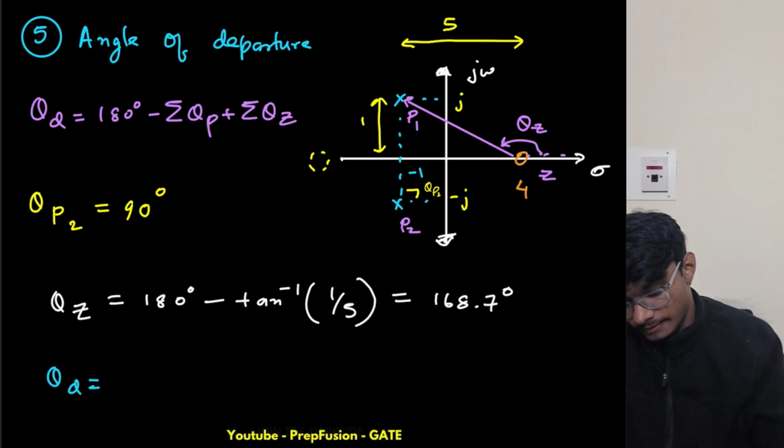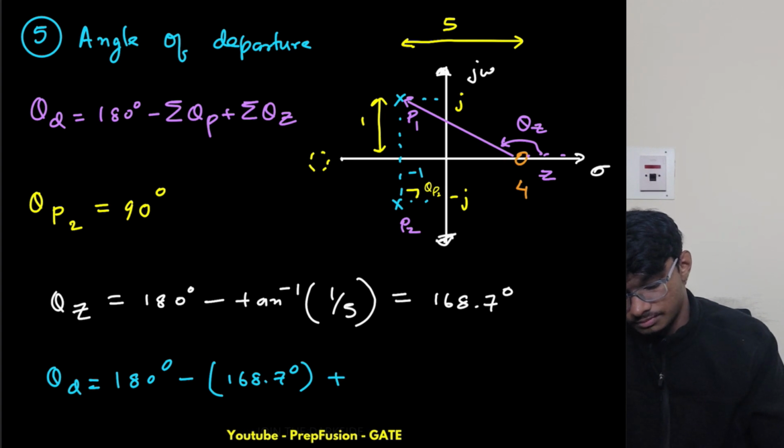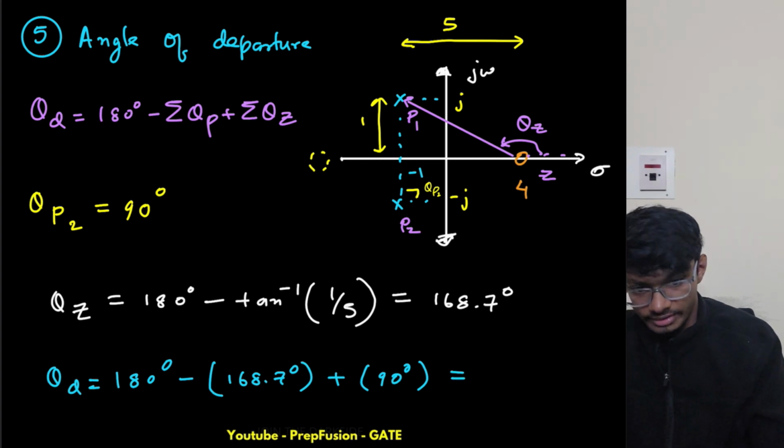So theta d equals 180 minus 168.7 degrees plus 90 degrees. Okay, so what is this? If I add this all up, this becomes 270 and this becomes minus 168.